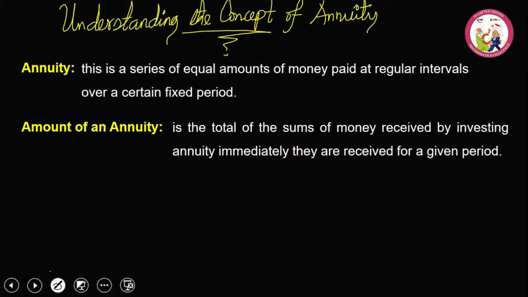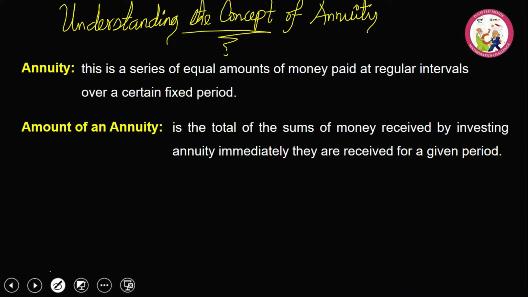All right, now amount of an annuity is the total of the sums of money received by investing annuity immediately they are received for a given period of time. So once, for instance, you're supposed to receive an annuity of say 10,000 naira at the end of each year for say 5 years, and at the end of the first year you receive the 10,000 naira and invest it for the next 4 years.